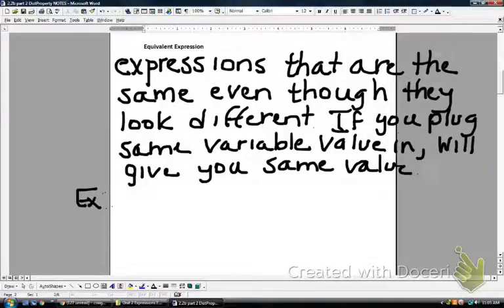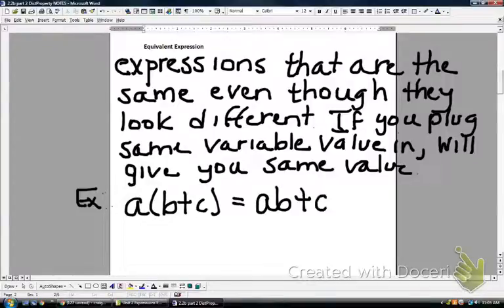So let's look at the example that we just had on distributive property. We have A times the quantity of B plus C, and we said that that's the same as A times B plus A times C. So if we just randomly let A, B, and C equal something, these look different, but let's see if we get the same value.